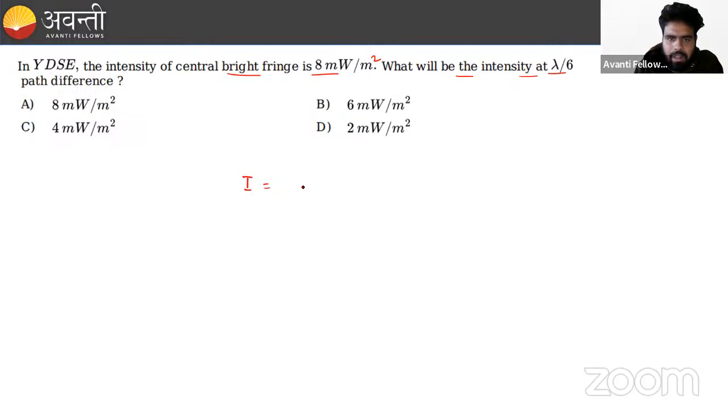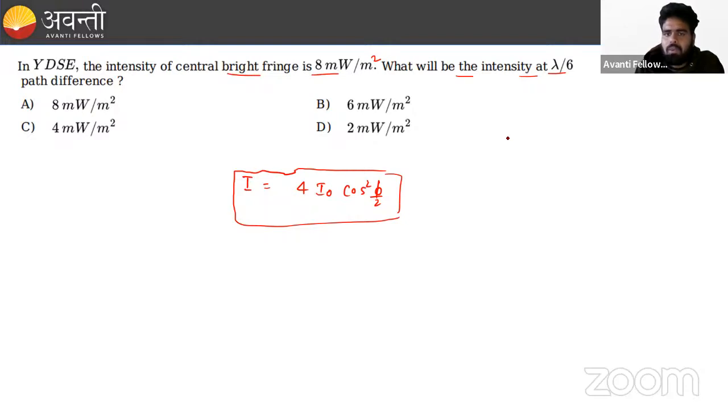This intensity can be written as 4I naught cos square phi by 2. This is the value of the intensity. Here the path difference is given, and if you want to find the intensity, then we have to apply this formula, and for that we have to know the value of the phase difference.